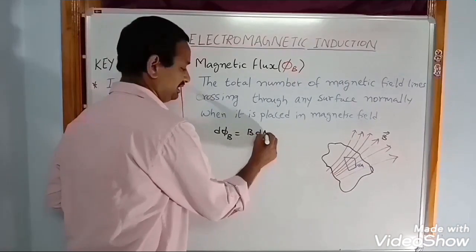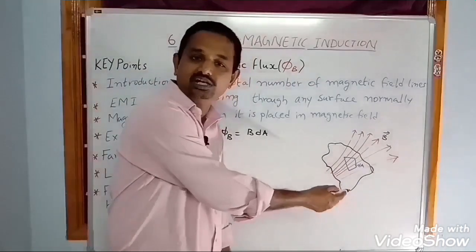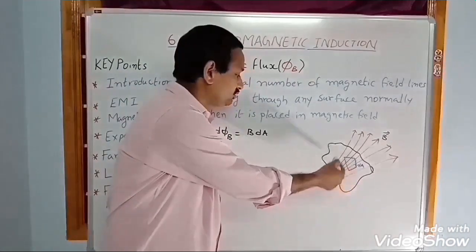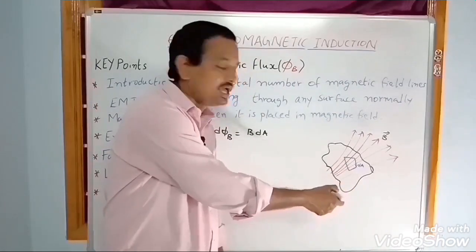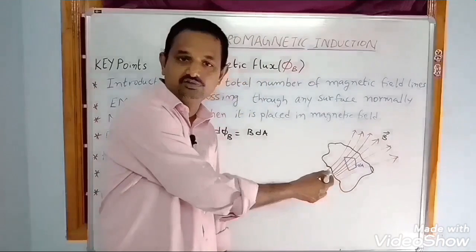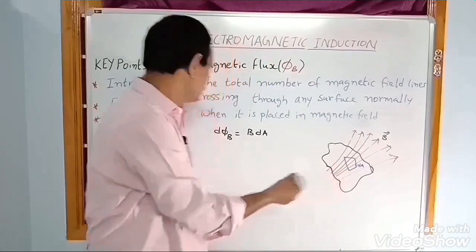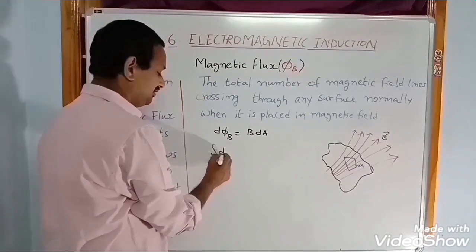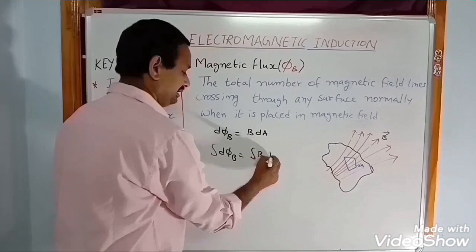B into dA. Here I need to calculate the total flux through the entire surface. For that I need to add these small areas, so I need to take integrations on both sides. So integral d phi b equals integral B dA.